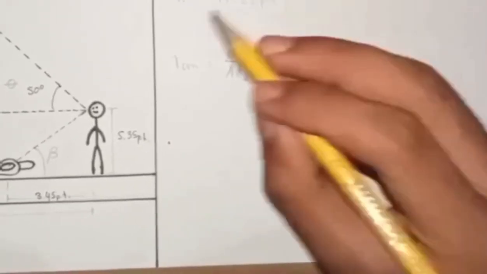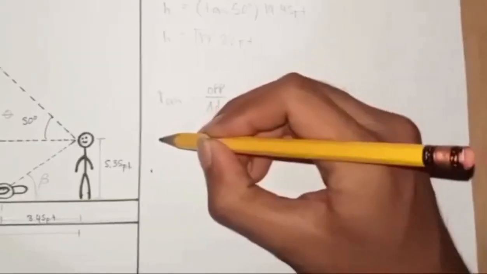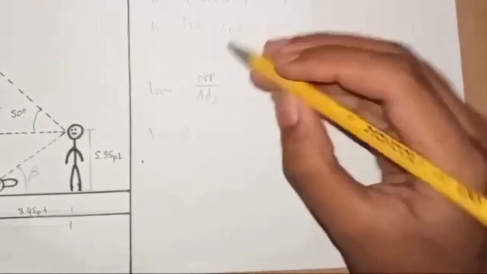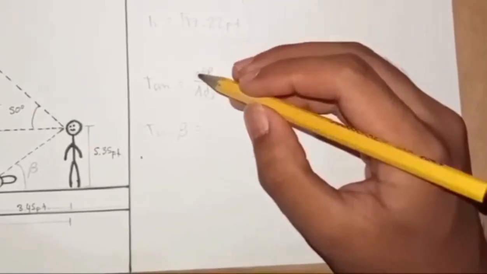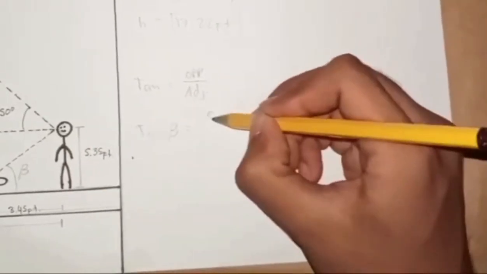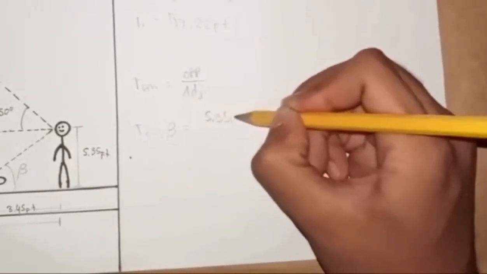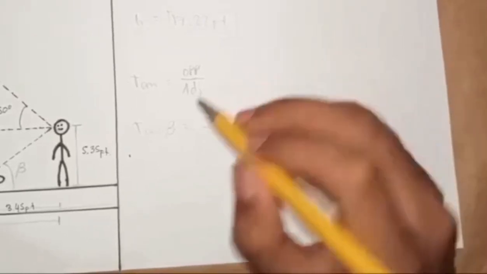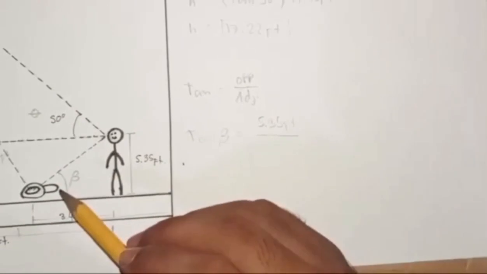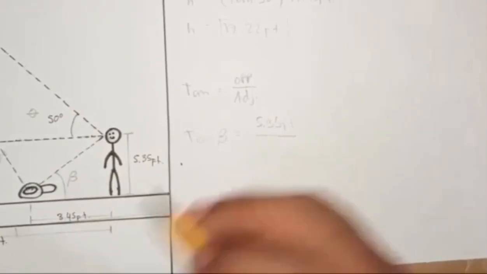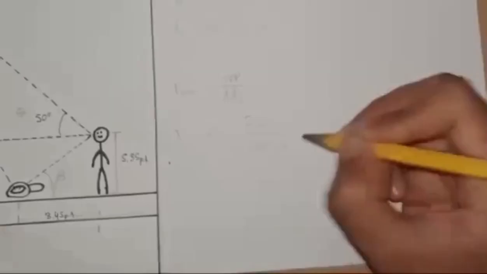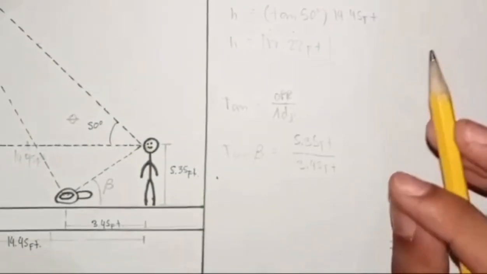Then, let's substitute. Tangent beta is equal to our opposite, which is the height of our reporter, 5.35 feet, over the adjacent, which is the distance between the mirror and our reporter, 3.45 feet. So, let's start computing.